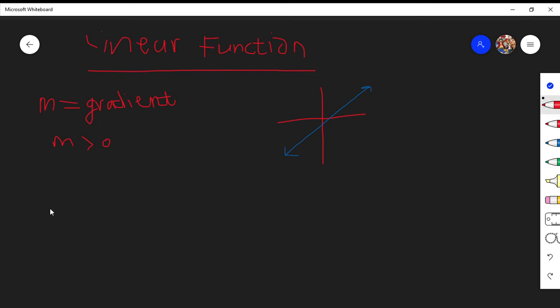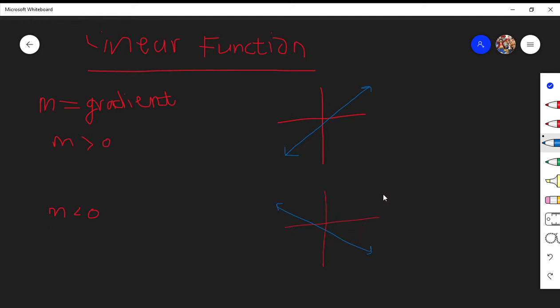And if m, which is the gradient, is less than 0, meaning negative, we will then have our function looking something like this, which is our negative gradient.